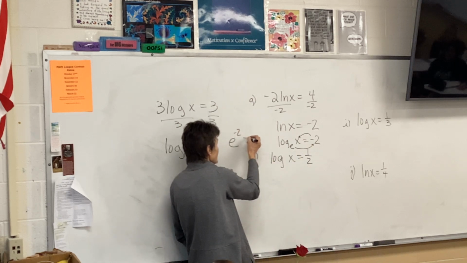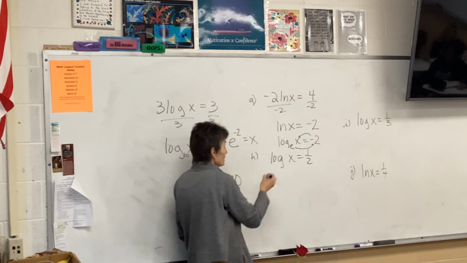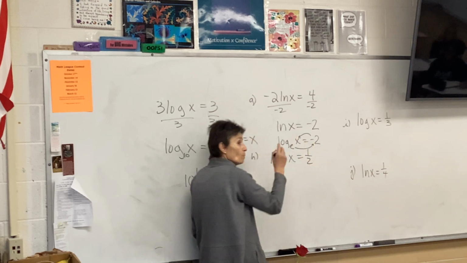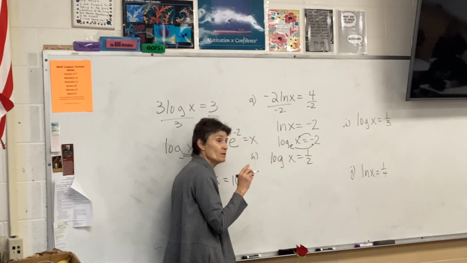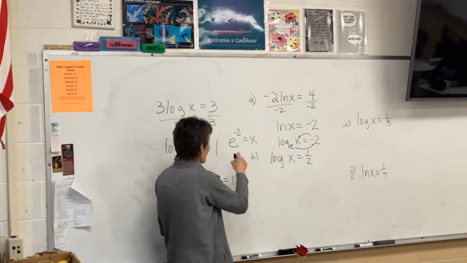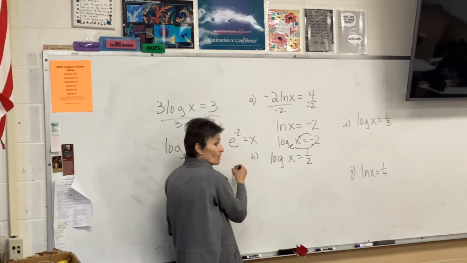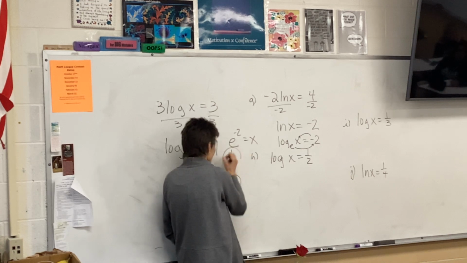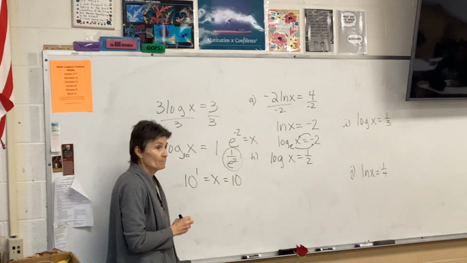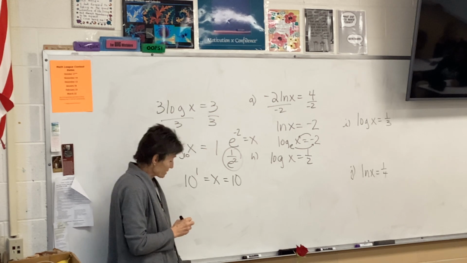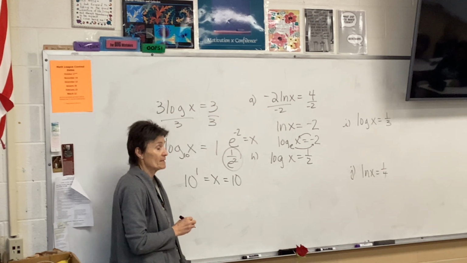E to the -2nd. Can e have a negative power? Well, it can, but we don't like negative exponents. So how would we rewrite that, Kate, without a negative exponent? 1 over e squared, yes. So that would be the best way to write that. So you can flip e's. Yes, you can flip e's.